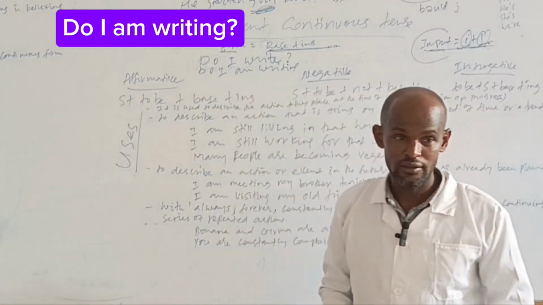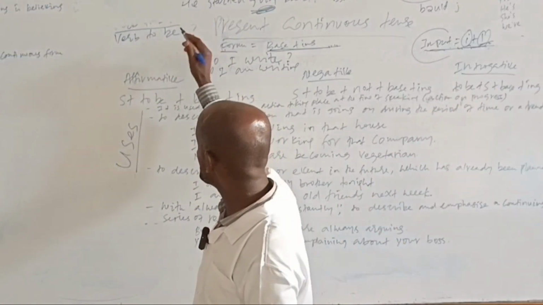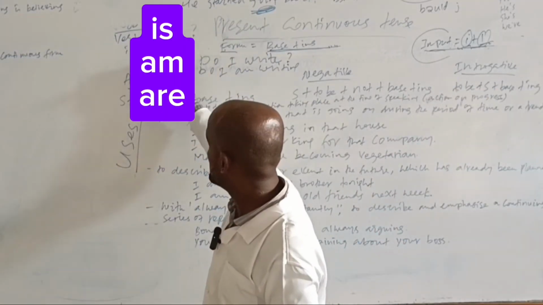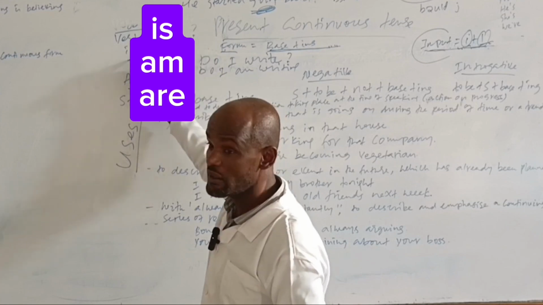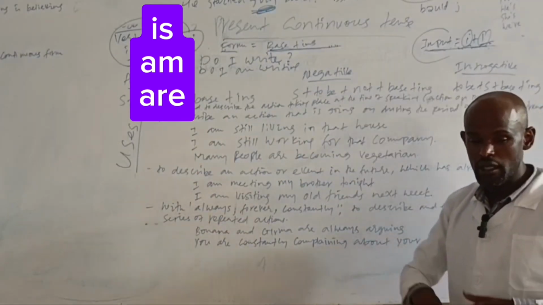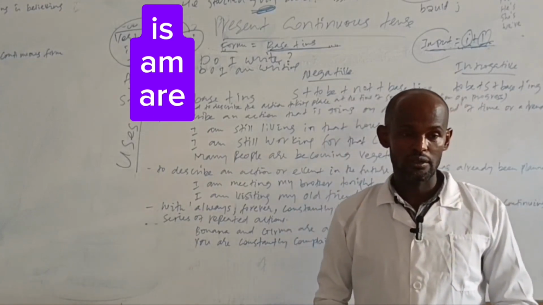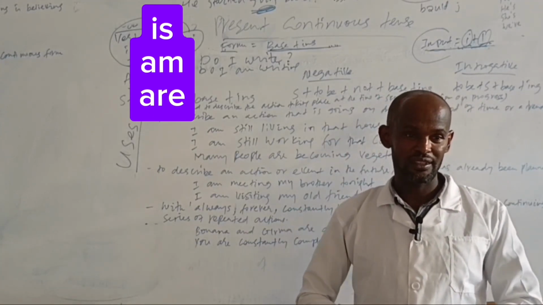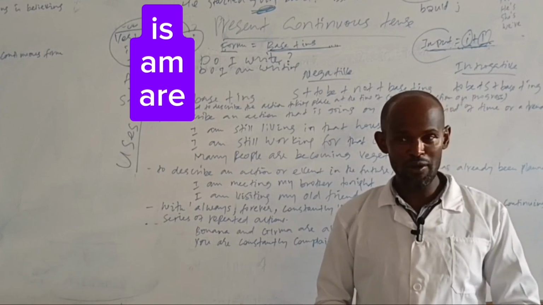Which one? Verb to be. Verb to be: is, was, where, are. These are verb to be. At the same time, they are auxiliary verbs. They are helping verbs. They are linking verbs. So their function is paramount.